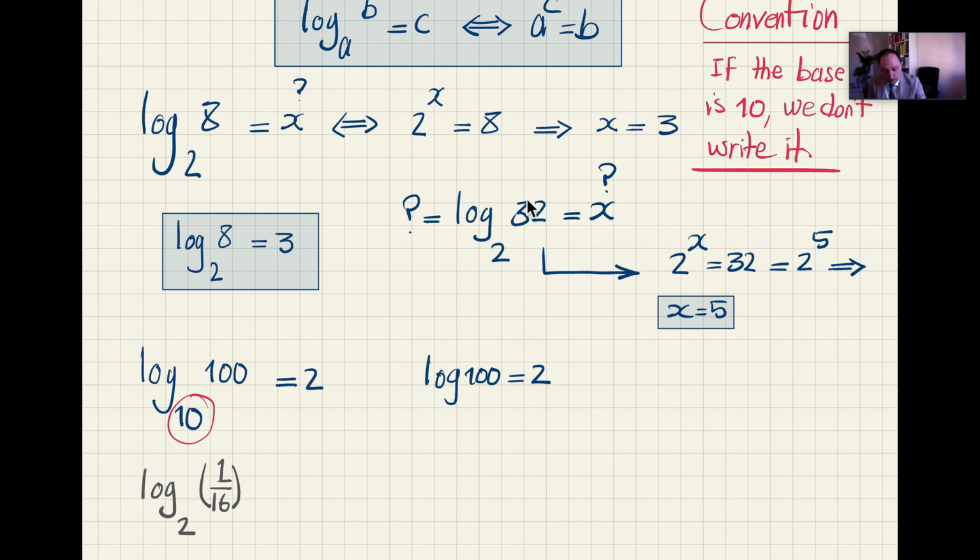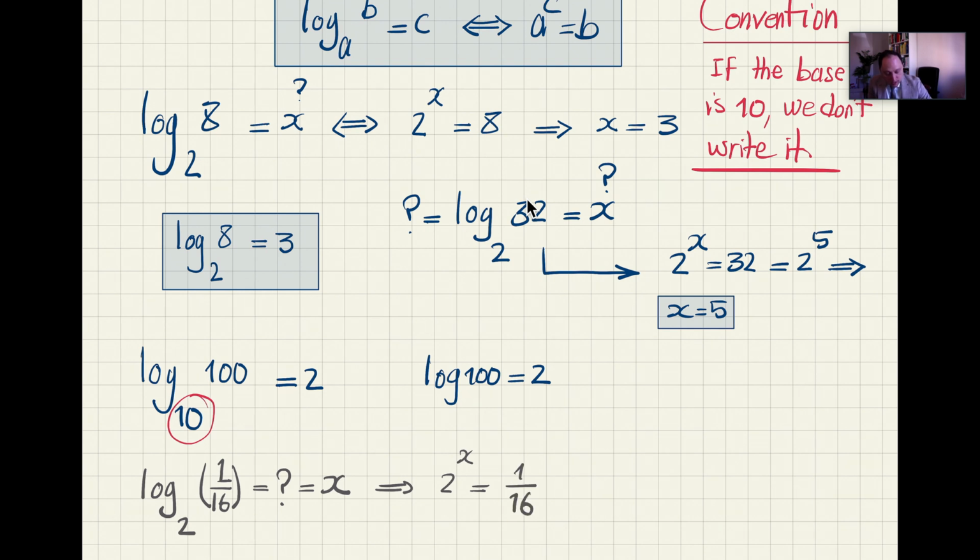But if you cannot calculate it mentally, you say, okay, my question is this. Usually in mathematics, instead of question mark, people write x. And then you remember this diagram: this to this power is equal to this number. So it means that 2 to power x is equal to 1 over 16.